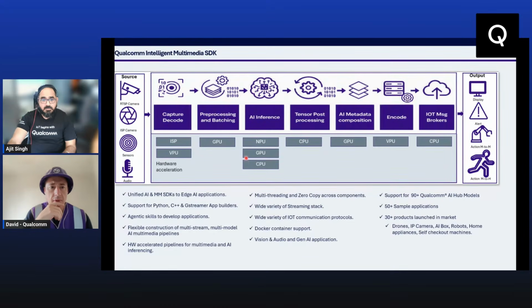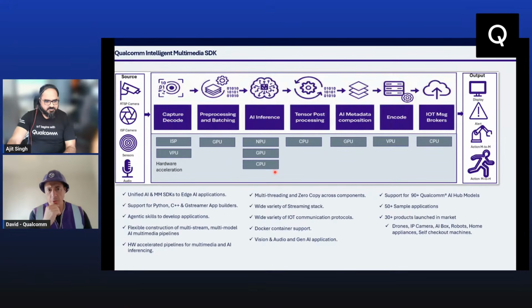The pre-processing runs on the GPU, and AI inference runs on the NPU. So all the hardware constituents and IPs are coherently connected, providing that API for the application writers so that they can build this application in a very easy way, the way David and Amit were articulating at the beginning of this presentation.